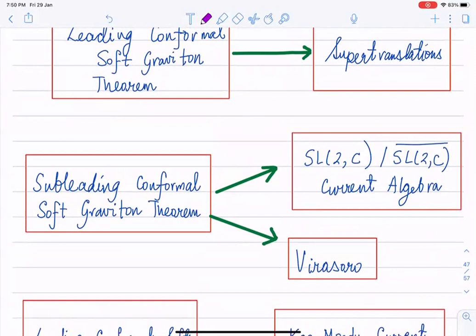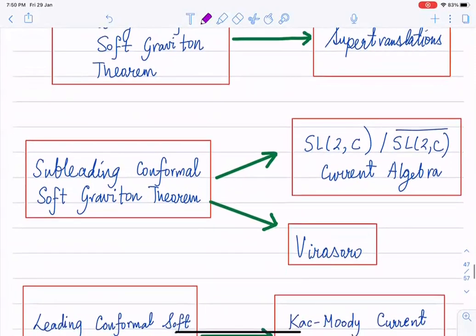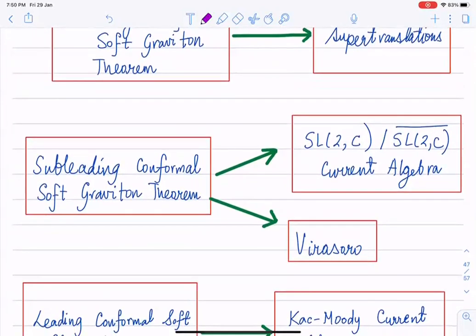So in that case, the geometric interpretation is clear, right? What it is basically doing is generating the standard Virasoro transformations, which we know. Once you do the shadow transform, you get the standard Virasoro generators, and we know their geometric action.